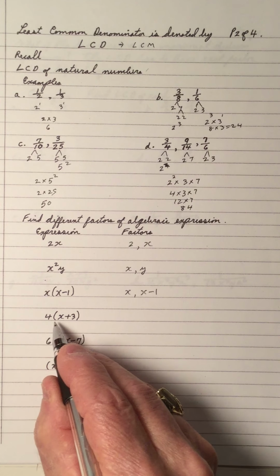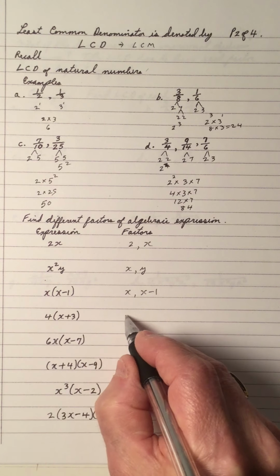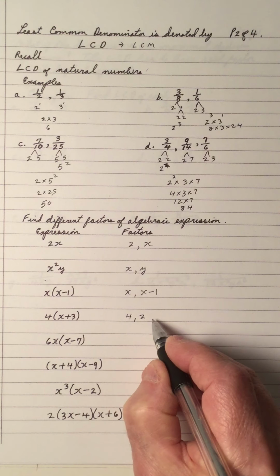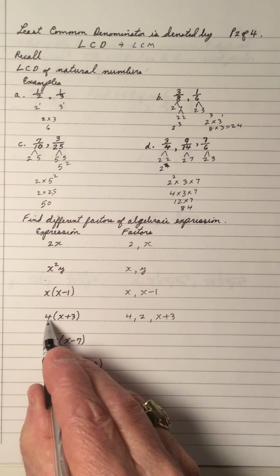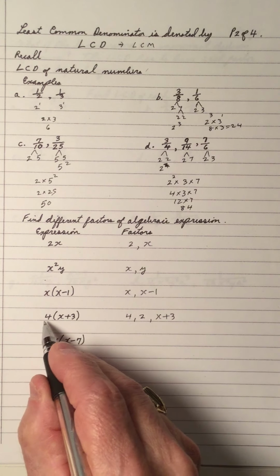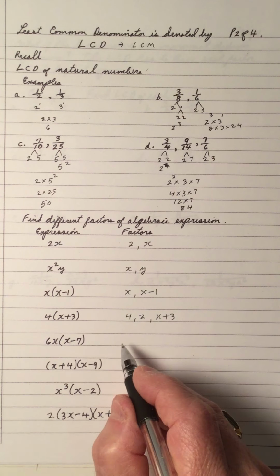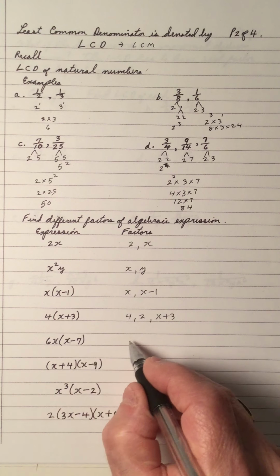If I have 4 times x plus 3, the factors here are a 4, but a 4 also has a 2, and it also has an x plus 3. So notice there's a 2 and a 4, so I have to put down a factor of 4, which is a 2. Now I have 6x times x minus 7.